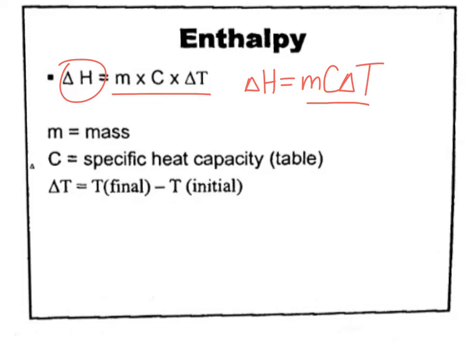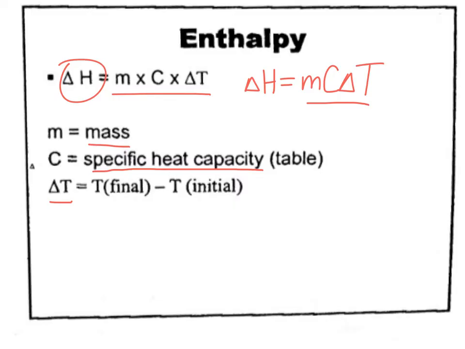M stands for the mass, C is the specific heat capacity, and that number is either provided for you in the question, or you can find a table in your textbook with all the specific heat capacity values. And delta T is your change in temperature. Don't forget, the delta sign represents change.